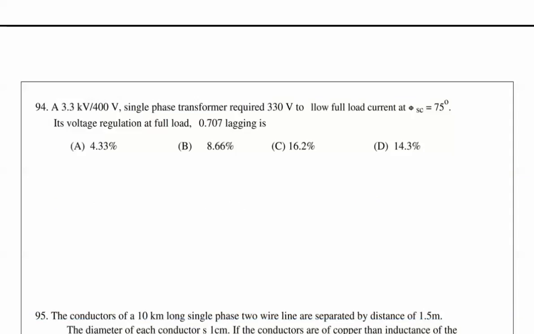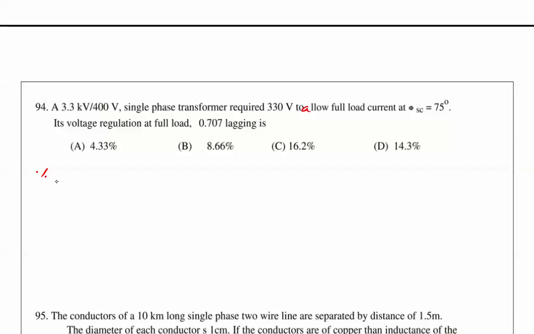The next question: a 3.3 kV/400 volt single phase transformer requires 330 volts to allow full load current at theta SE equal to 75 degrees. The voltage regulation at full load 0.707 lagging is.